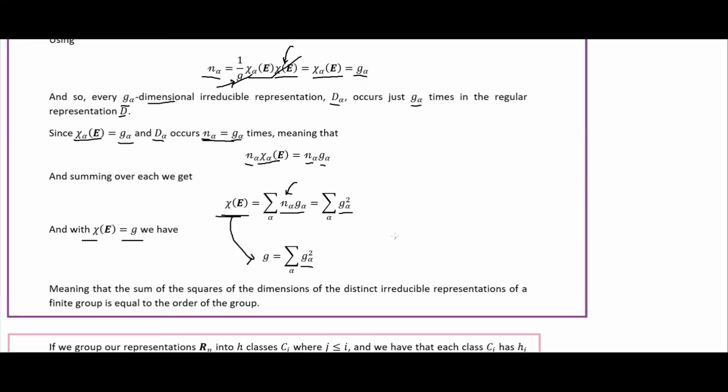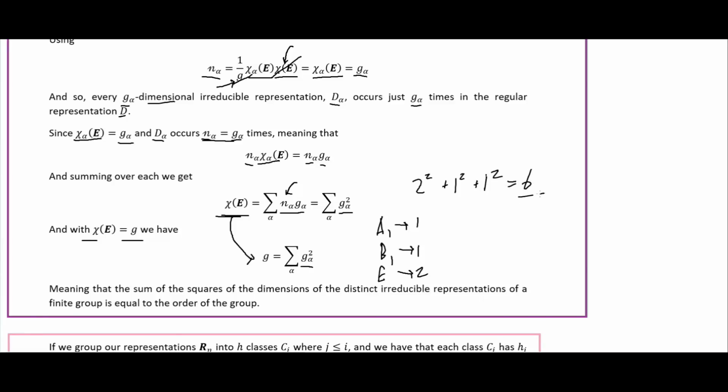And so for instance, in our C3V, we remember we had an A1, a B1, and then an E, where this has dimensionality 1, this has dimensionality 1, this has dimensionality 2. And we said that if we have 2 squared plus 1 squared plus 1 squared, so that's 4 plus 1, so 5, 6, that equals 6.